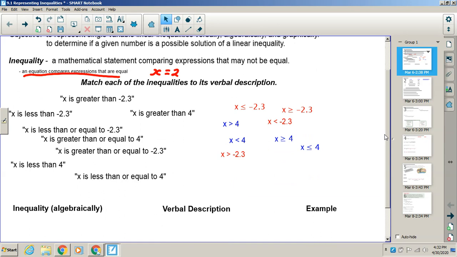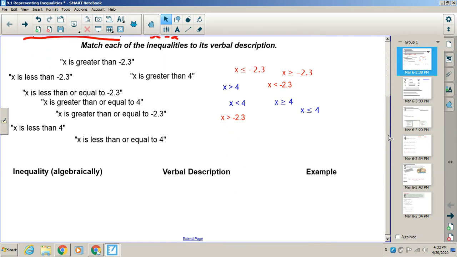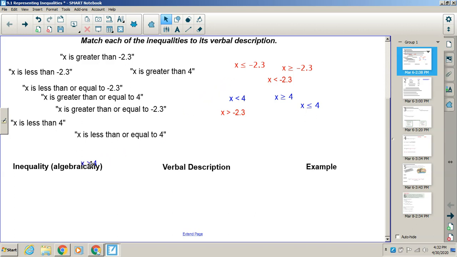A lot of these symbols you've probably seen in previous years. For example, if I grab this and drag it down here, that's an inequality. What that says is x can be any value that's greater than 4. So not just one solution. Anything that's greater than 4 satisfies that inequality. So x greater than 4 could be 5, could be 7, could be 10.